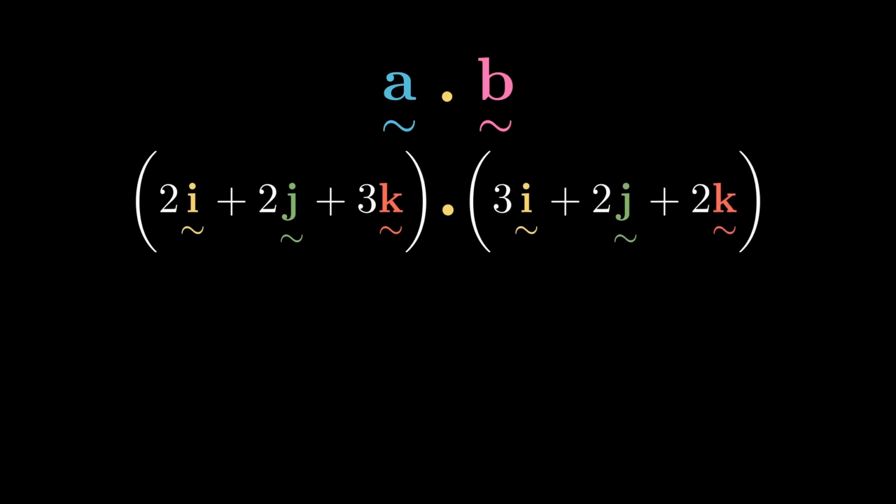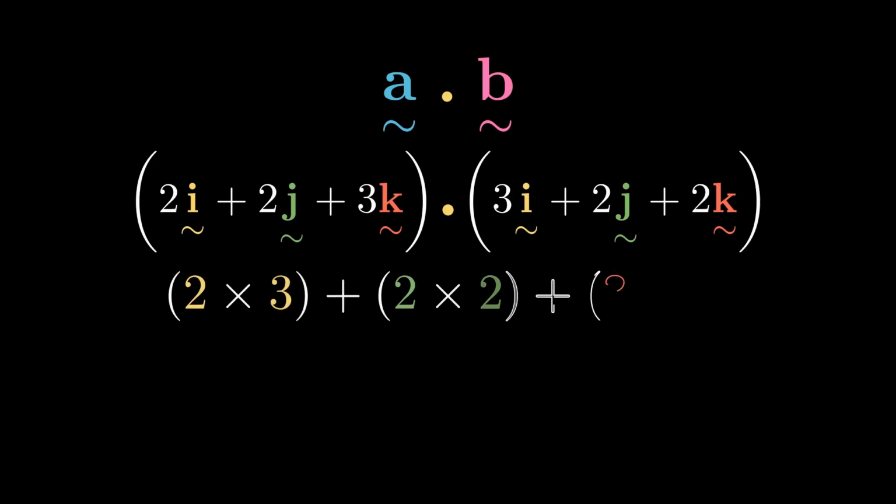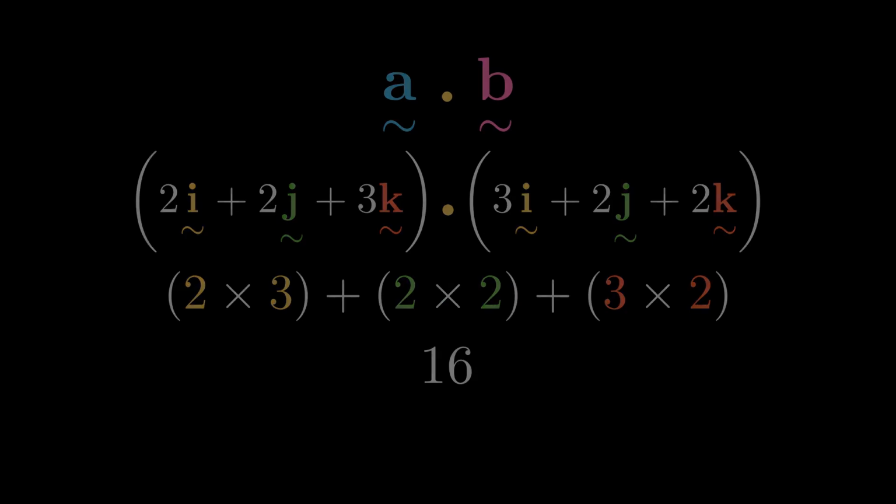We multiply the components respectively: 2 times 3, the components of i, 2 times 2, the components of j, and 3 times 2, the components of k. And the answer is 16, without any vector symbol, as the dot product equals a scalar.